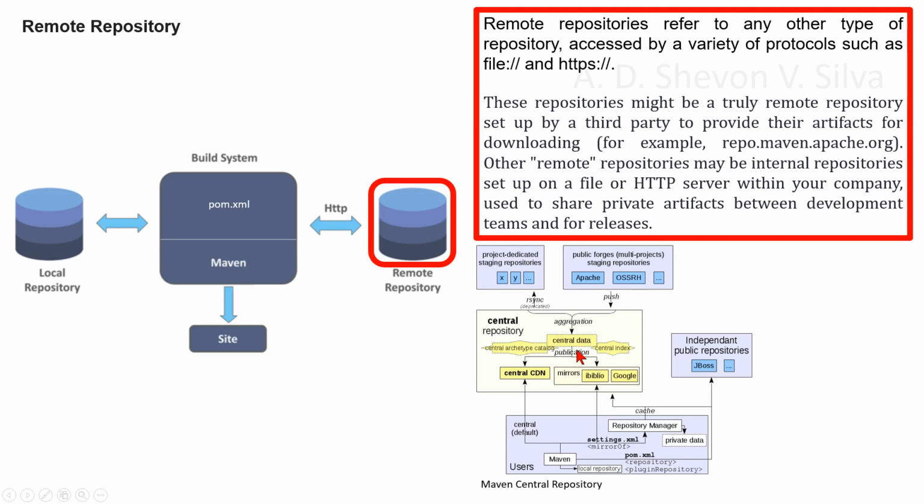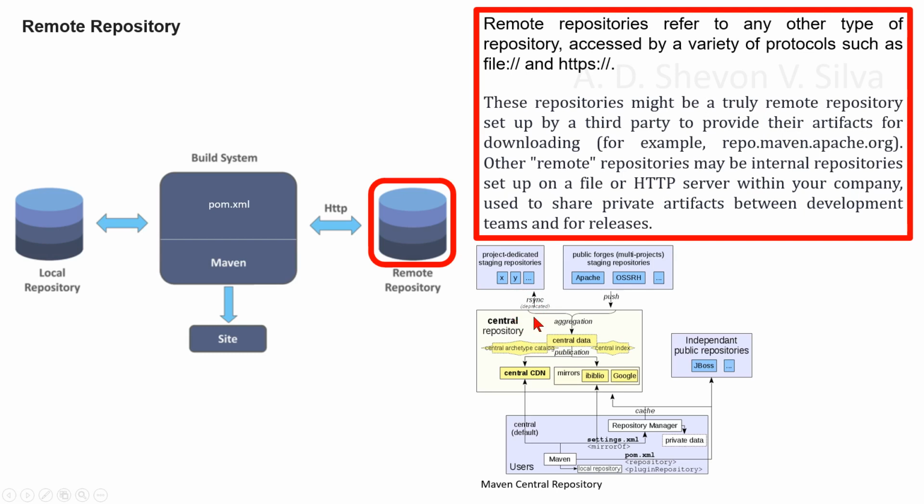A publication is passed from central data to central CDN and mirrors, and here you can see the central archetype catalog and central index. Inside mirrors you can see here iBiblio, Google, and rsync.